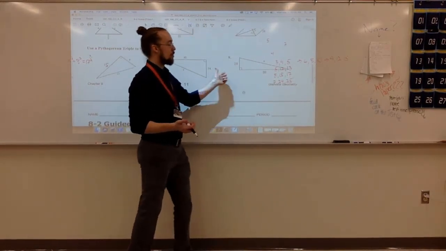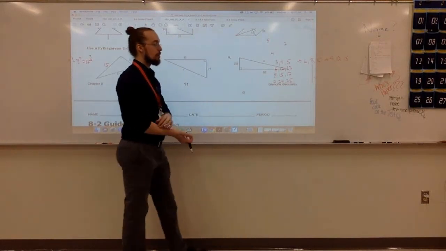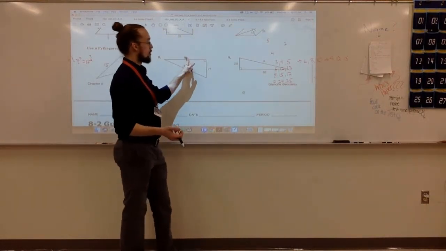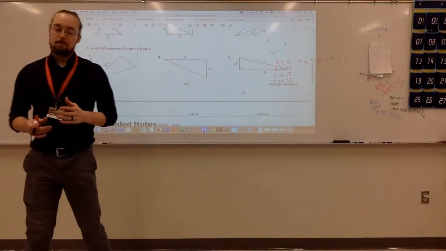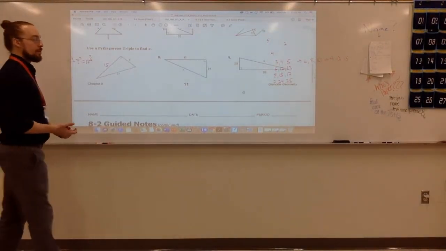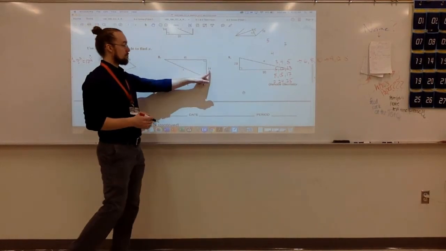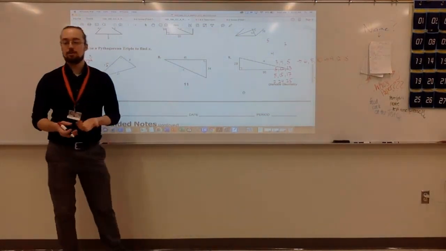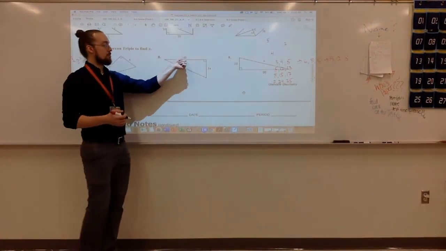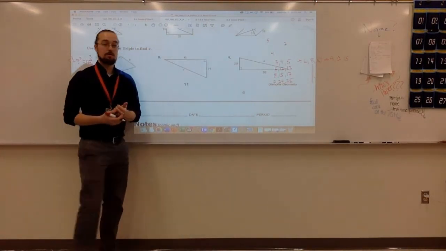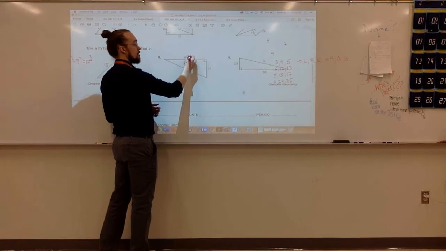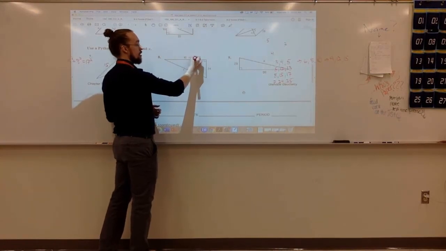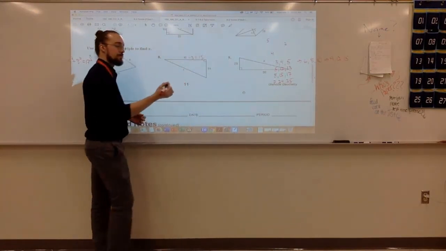Since that's a 24, it kind of looks like it might fit that pattern, but the other leg is 45, not 7. So what we can think about here, okay, if we think about common factors, each of these numbers are divisible by 3. So if I take 45 and divide that by 3, that would be 15.